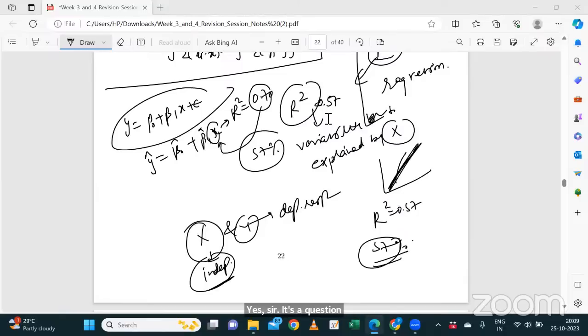A researcher wants to investigate the relationship between studying hours and exam scores. He collects the data on studying hours and exam scores from a sample of 100 students and performs a correlation. Which branch of study does this belong to? Okay, what are the options? Inferential or descriptive, right?